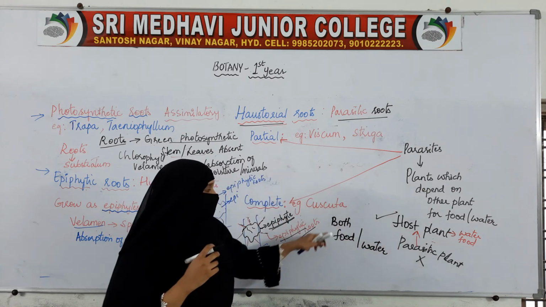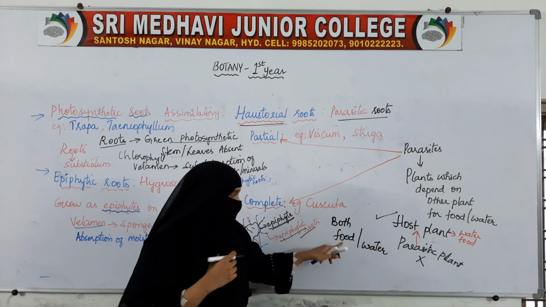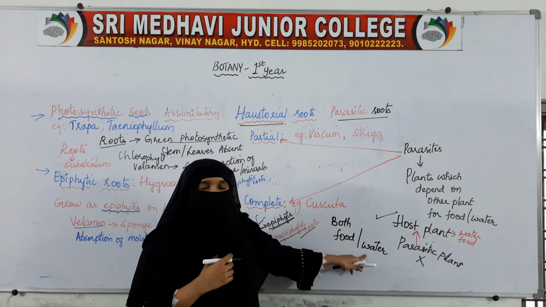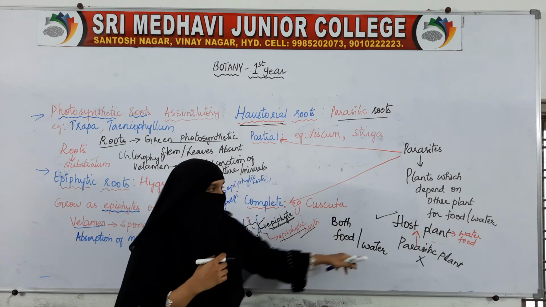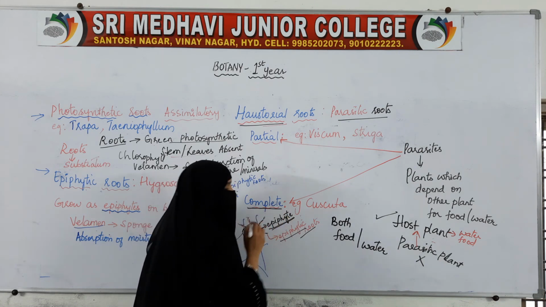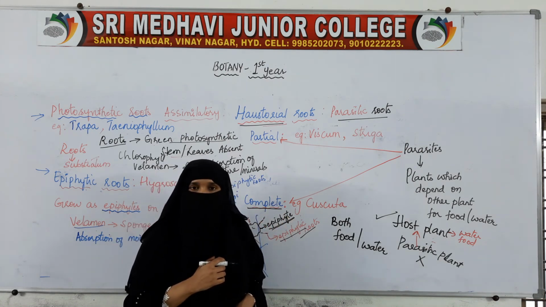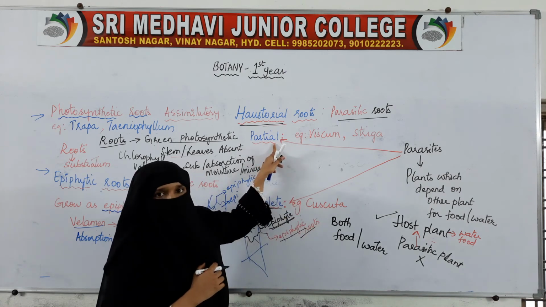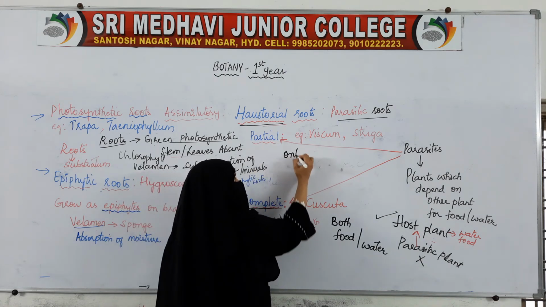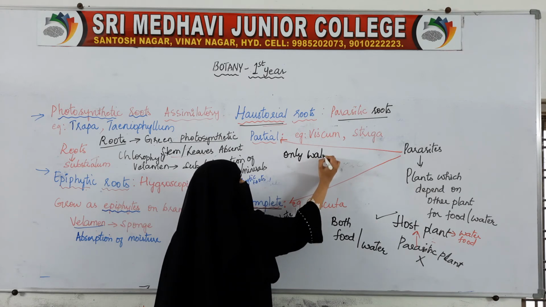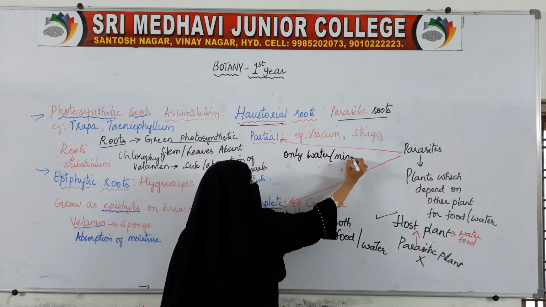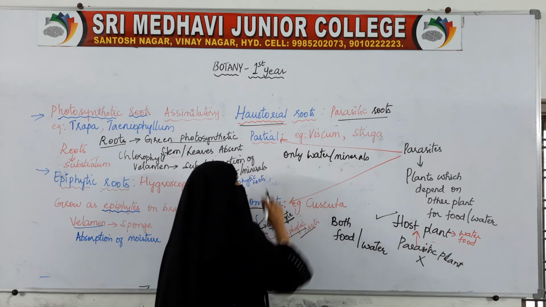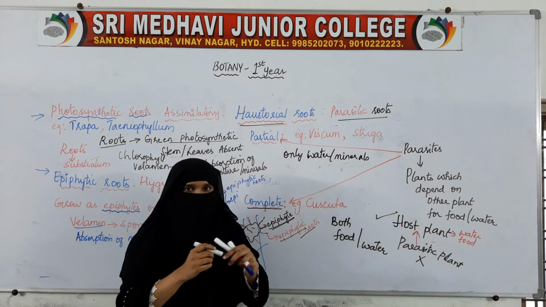Such plants are called complete parasites. The plants which depend only on the host for water and minerals are called partial parasites.